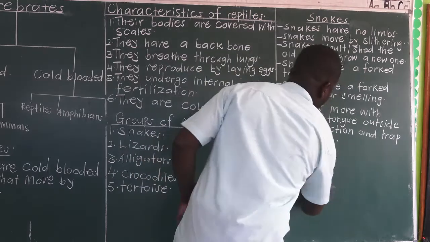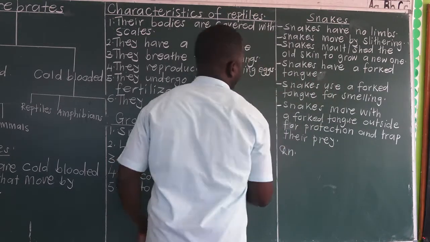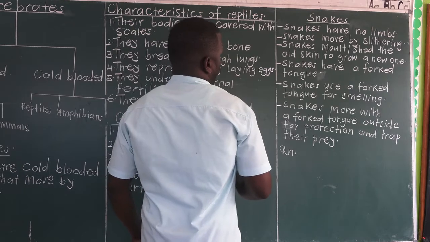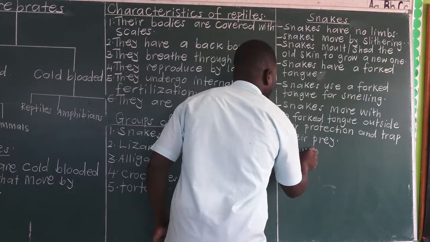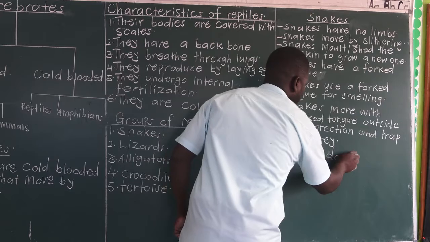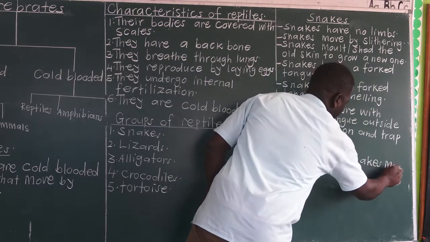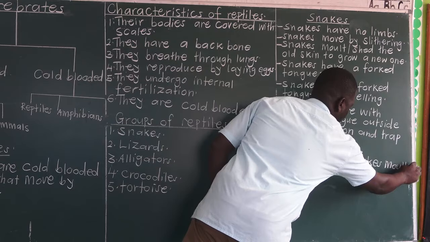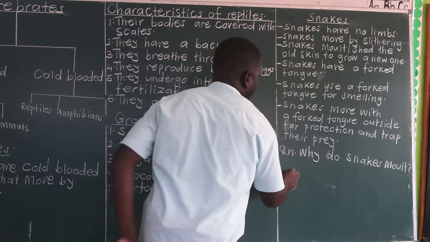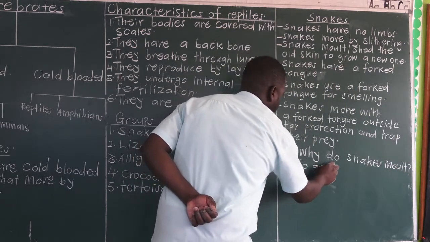And B, for question. Why do snakes molt? To grow a new skin.